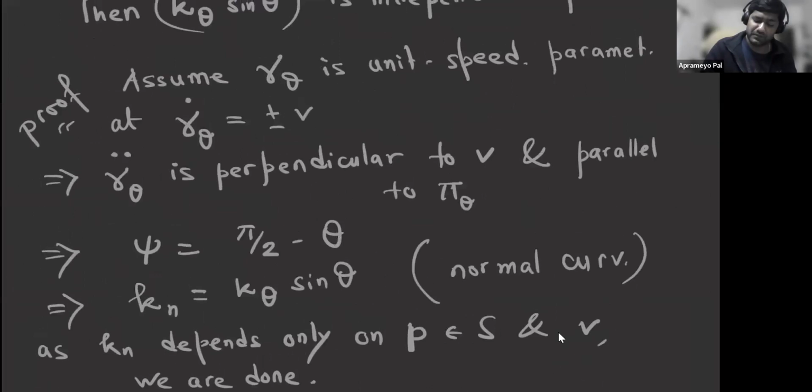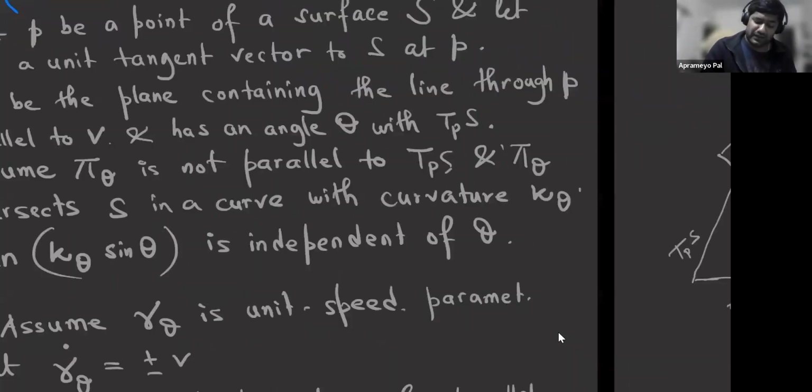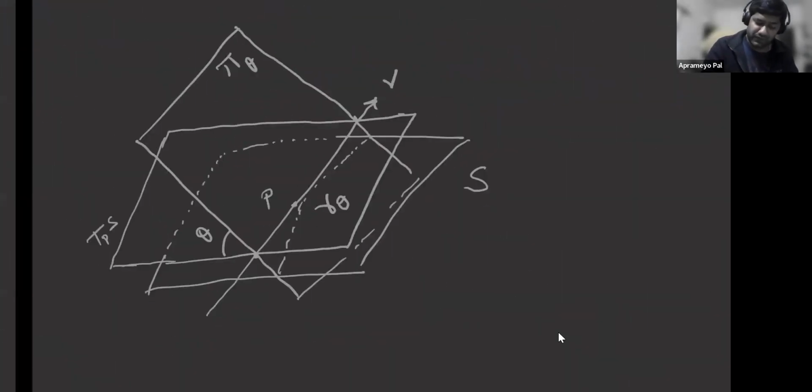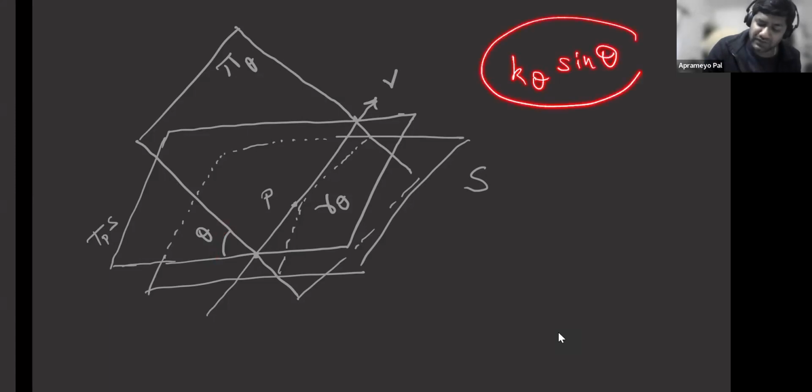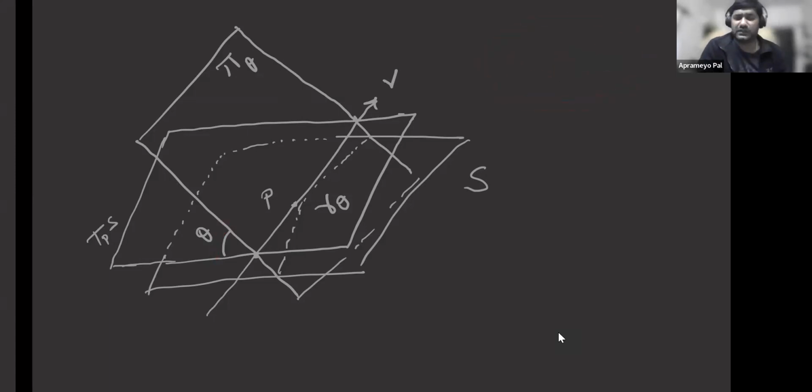Essentially, this actually appeared in some other geometric notions. That's why this seems to come out of nowhere, but it had some other background. Ultimately, it's a very nice thing, because when you write k theta sine theta, there is apparently no reason why this should be independent of theta.